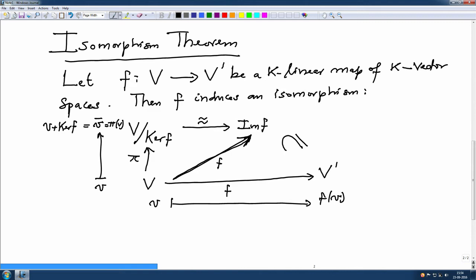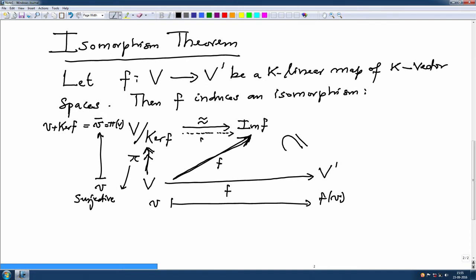So, we have this map pi, and we have seen that pi has kernel of F and it is surjective. Our theorem that we just recalled says that I definitely have a map here, and that map I call F bar.